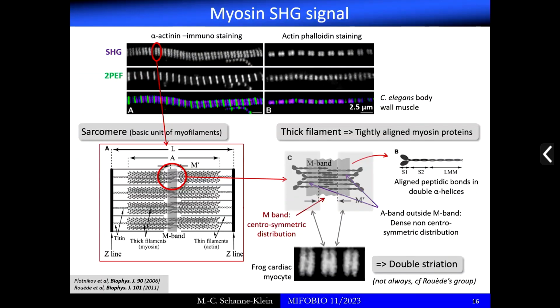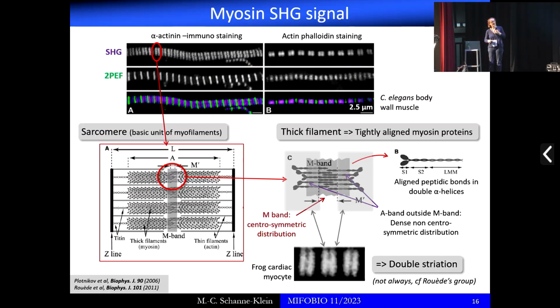So myosin, here we see the signal, well, it's here sarcomeres, and we see it specifically for the myosin, as proved by immunostaining. And when we look at the structure of the sarcomere, the basic unit of myofilaments, we see that we have these myosin molecules here that are like this.